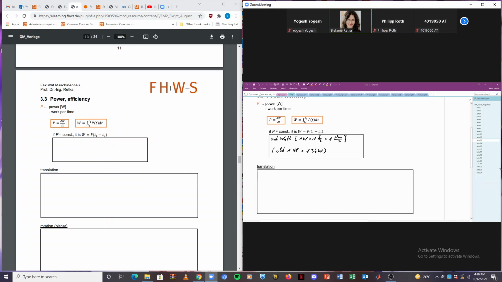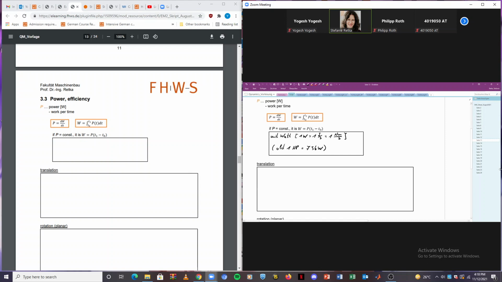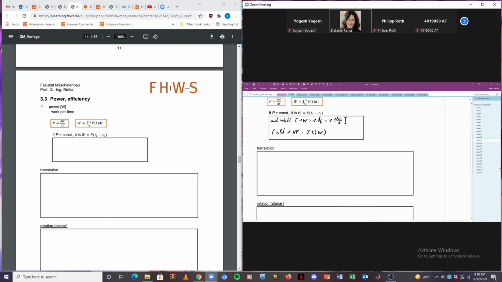Okay. And of course, for our forms of motion that we want to describe mathematically, translation and rotation, we can specify the power. And in case of translation, our change in work is equal to the force acting in direction of travel multiplied by the change of distance.